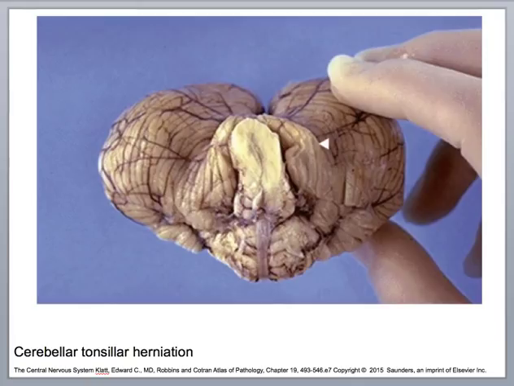Note the conical shape of these cerebellar tonsils around the medulla, indicated by the white triangle. Compression of the medulla then can result in compromise of the brainstem centers controlling respiration and cardiac activity, leading to death.